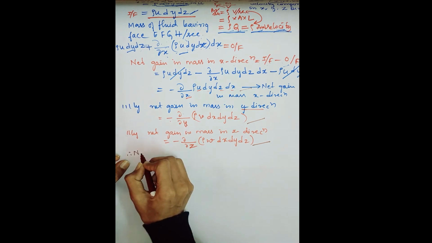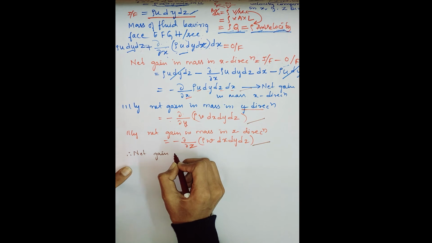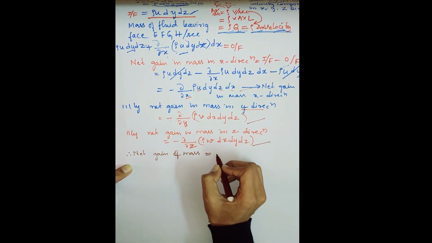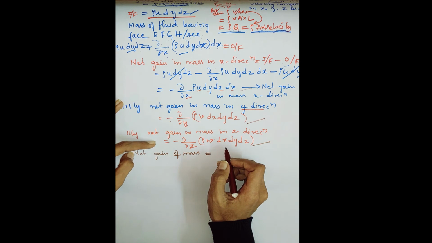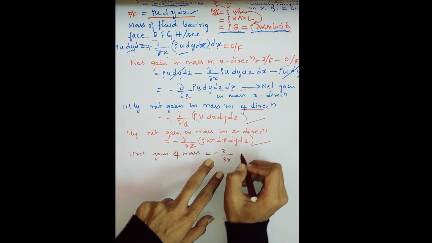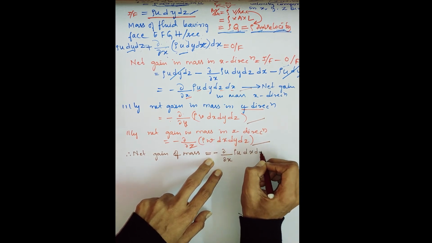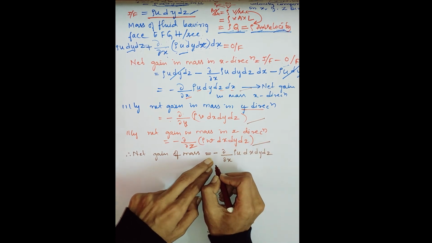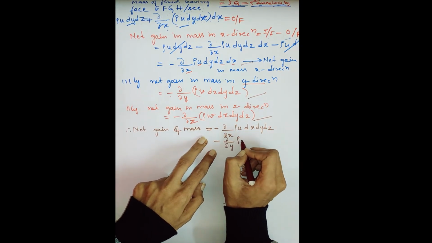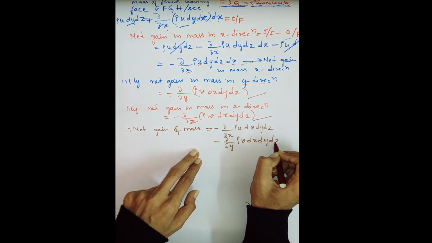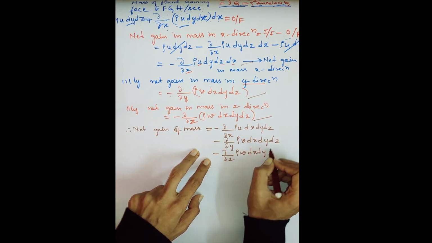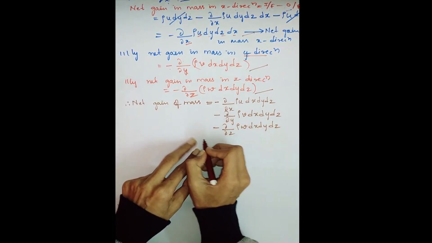So the net gain of masses is equal to the sum of all the masses: minus dou by dou x of rho u dx dy dz, minus dou by dou y of rho into v into dx dy dz, minus dou by dou z of rho w dx dy dz, which will be equal to, so minus you can take it outside.